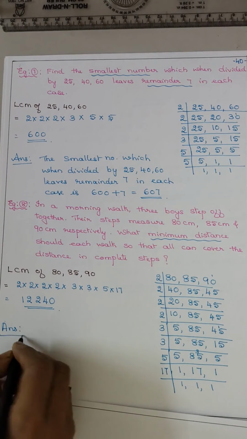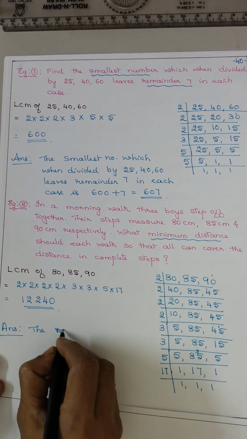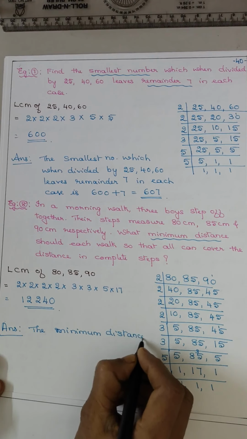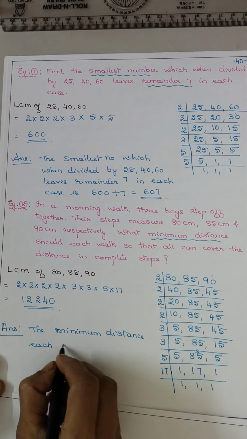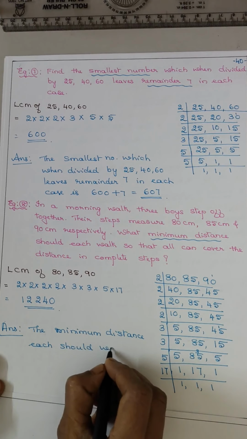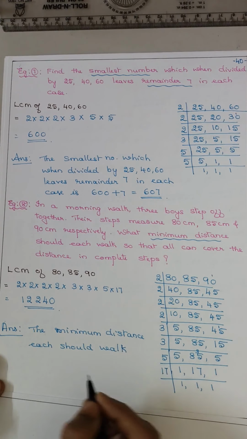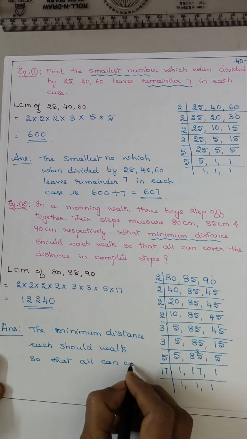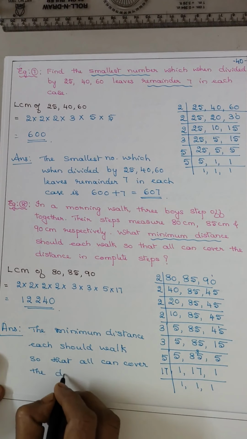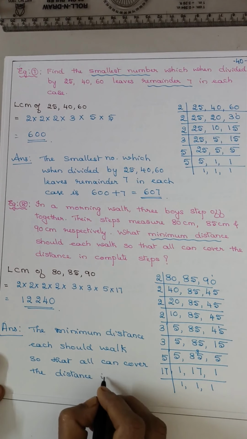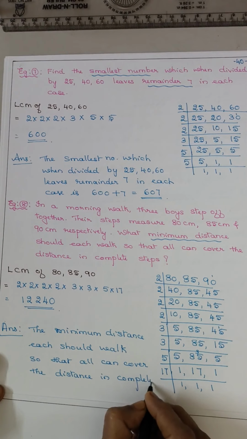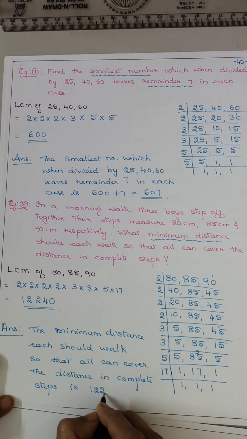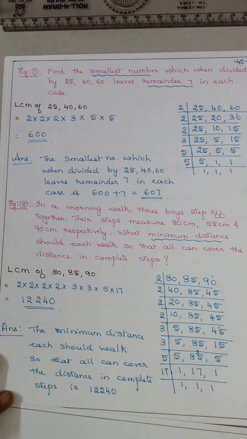So answer, the required distance or the minimum distance each should walk so that all can cover the distance in complete steps is 12240, that is in centimeter, isn't it?